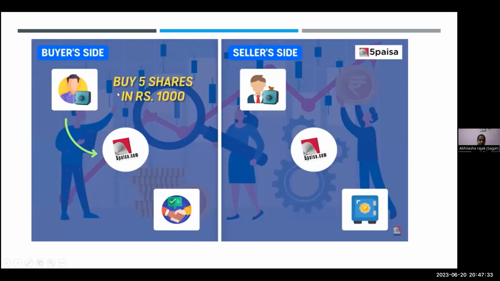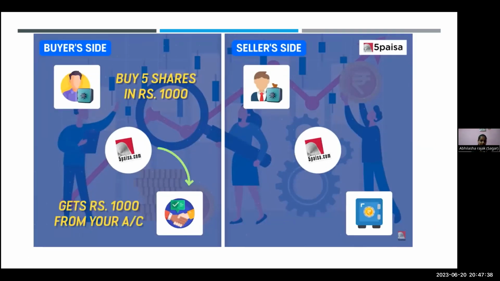It is an example of the buyer side. If the user buys 5 shares at 1,000 rupees, then the stockbroker gets 1,000 rupees from your account.